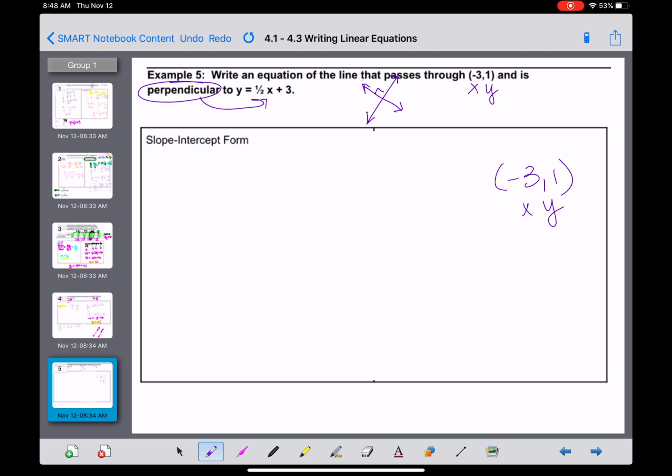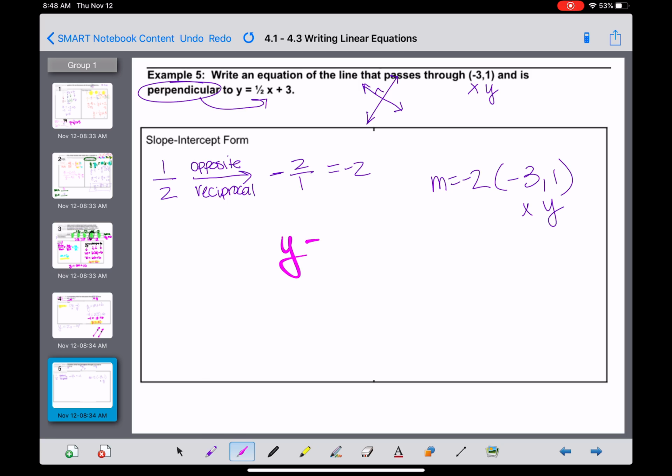So if this line is positive 1/2, the opposite reciprocal of that line is -2/1, which is just -2. So the slope that I'm going to use is -2.